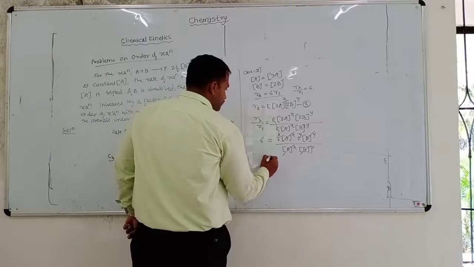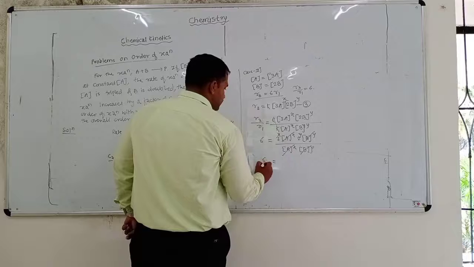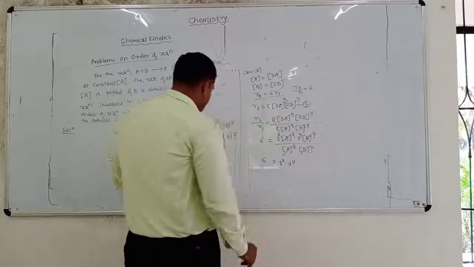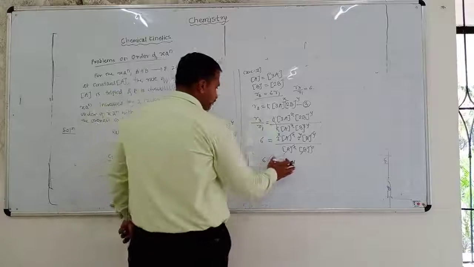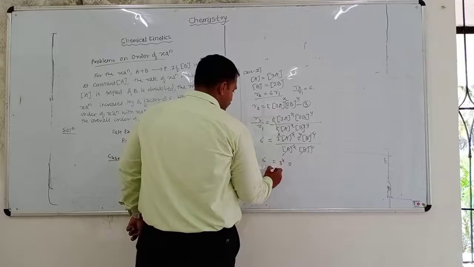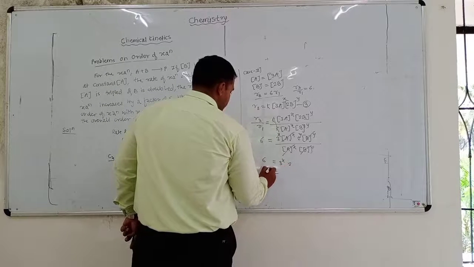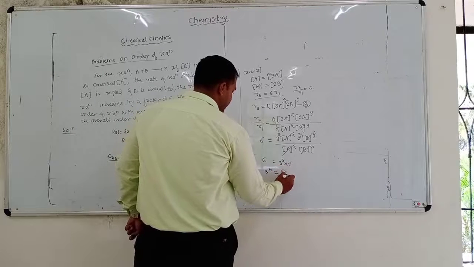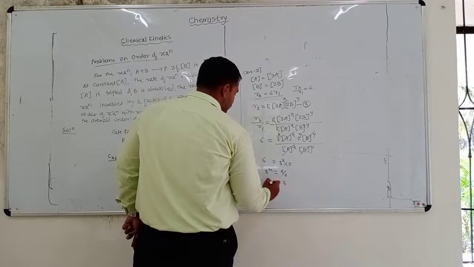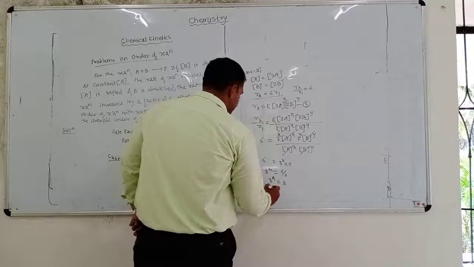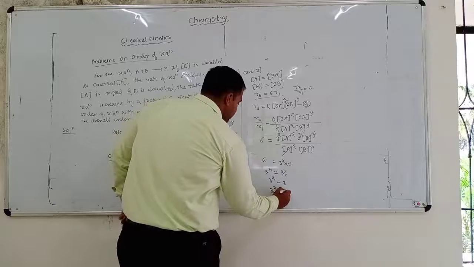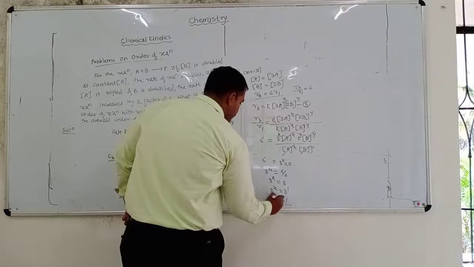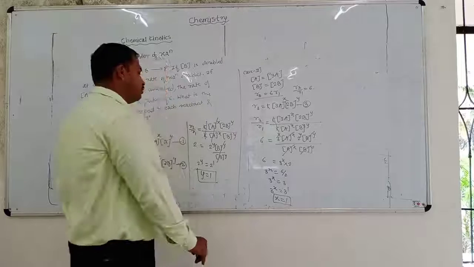See, 6 is 3 raised to X, 2 raised to Y. You know that Y is equal to 1. If you put Y is equal to 1, see 3 raised to X. इधर 2 multiplication में इधर जाने तो divide होईल, 6 divided by 2 is equal to 3. 3 raised to X is 3 raised to 1. Therefore X is equal to 1.